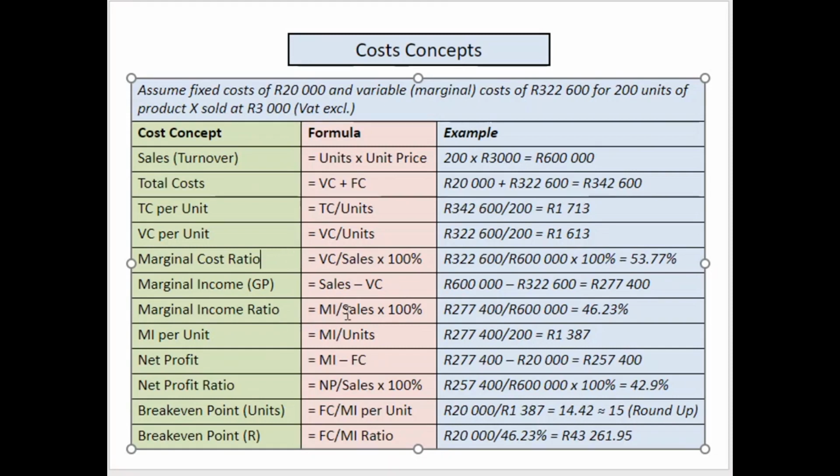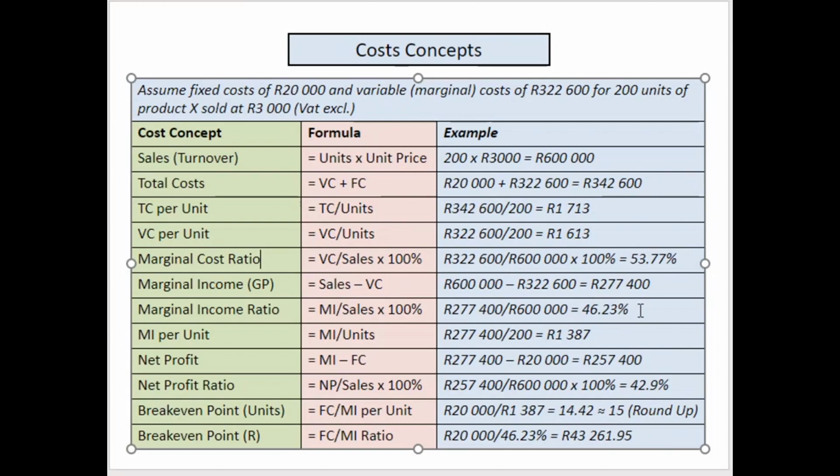So now you take your marginal income or your gross profit, you divide that with the sales and you multiply it with 100%, and then you get 46.23. That's the one way of doing it. The other way of doing it would be to say, if I already have my marginal cost ratio, then I can just subtract that from 100 and I will get my marginal income ratio, or the other way around.